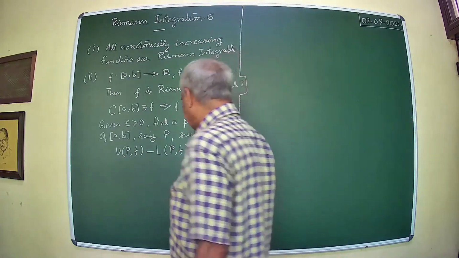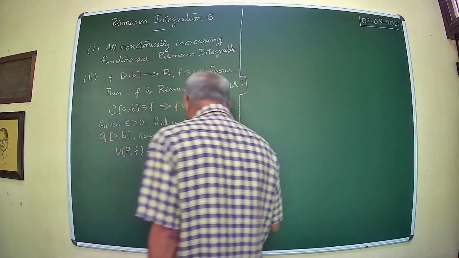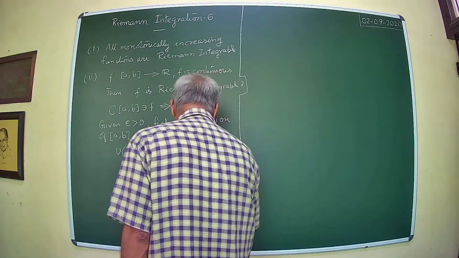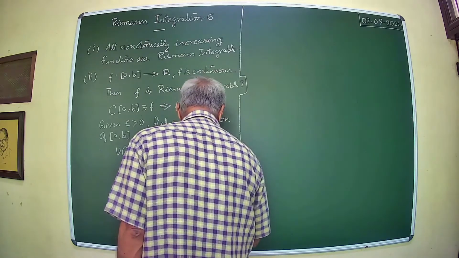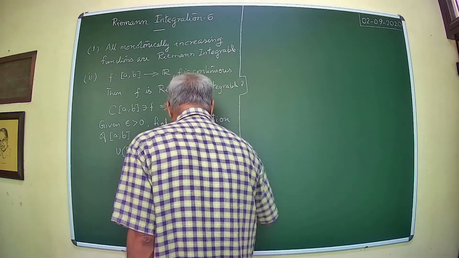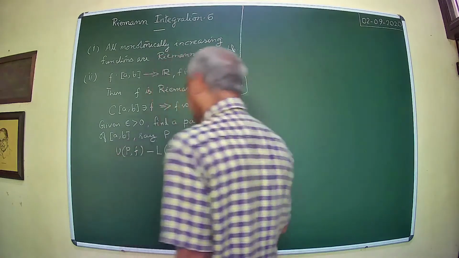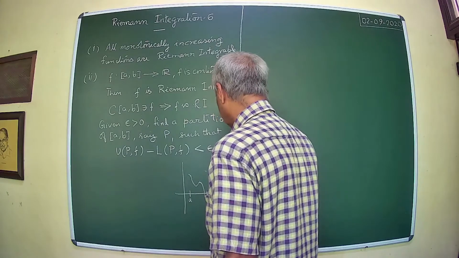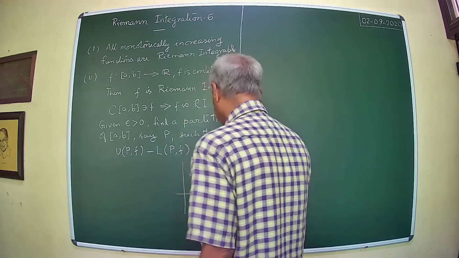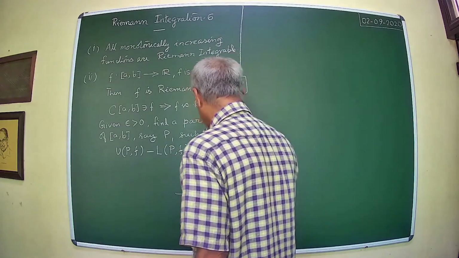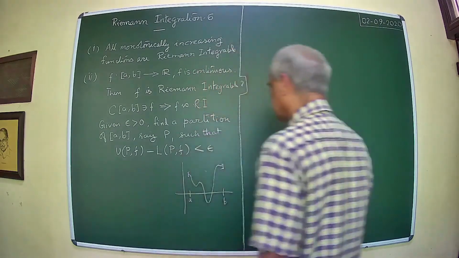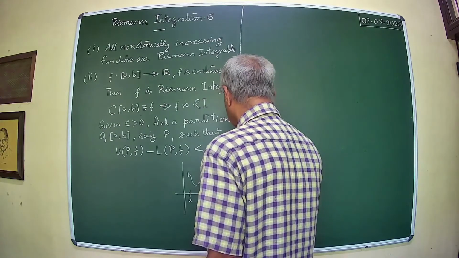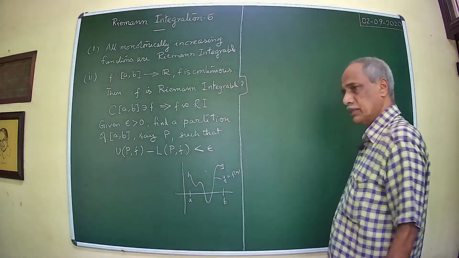Now the first thing that you observe is, our assumption is that f is a continuous function on the compact interval AB. I'm not assuming f is positive or anything. So this is a continuous function, y equal to f of x.